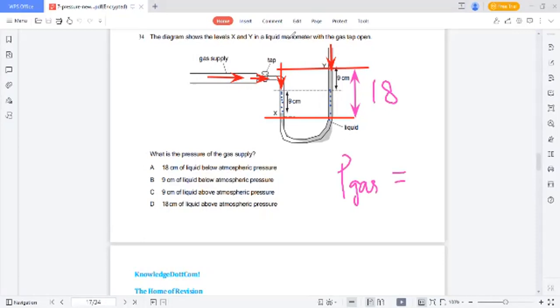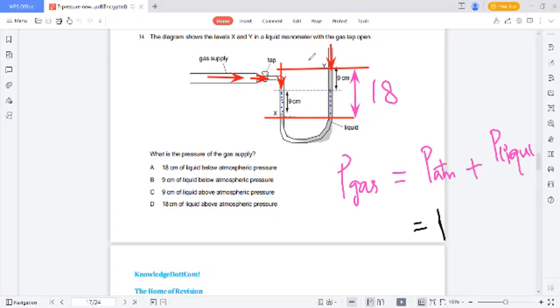normally atmospheric pressure plus liquid pressure. Sometimes liquid pressure is related with height, and there is also a formula we are familiar with.